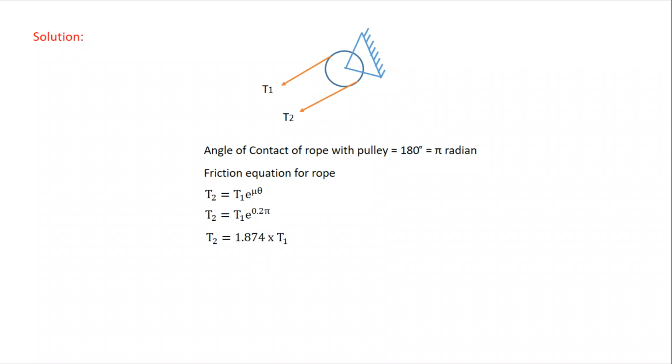So put these values: T2 is equal to T1 e raised to 0.2 pi, so T2 is equal to 1.874 into T1. Substituting the T1 value from equation 3, 0.84 W, T2 is equal to 1.574 W.